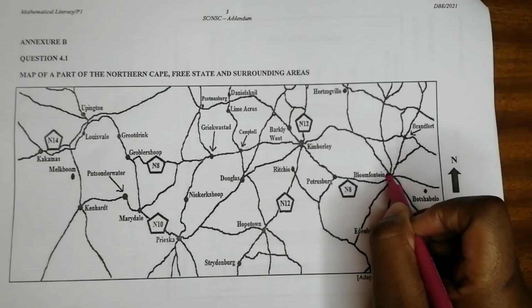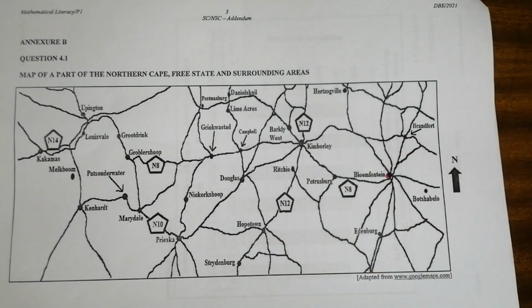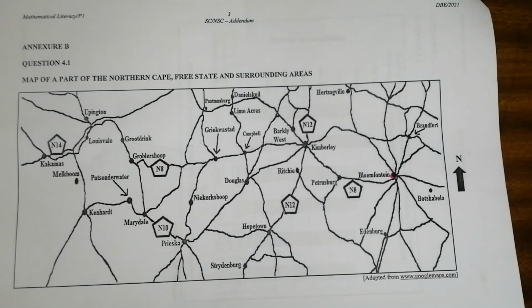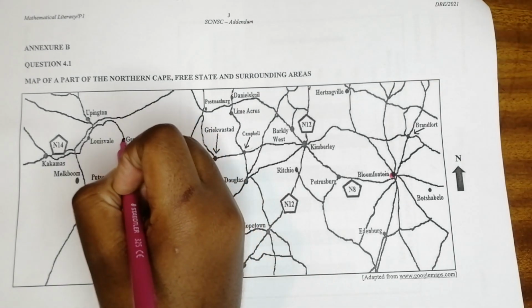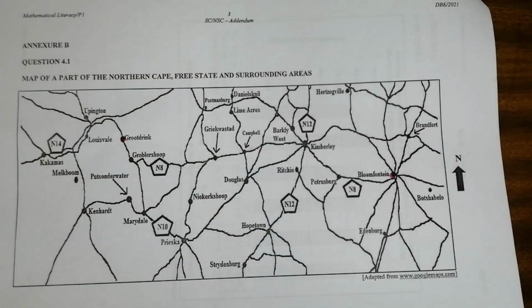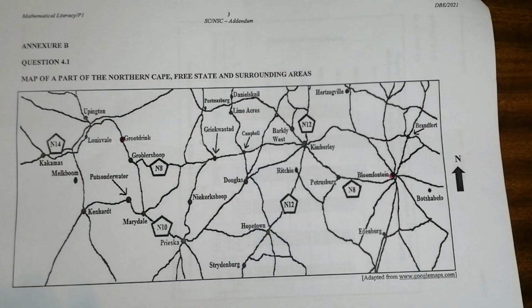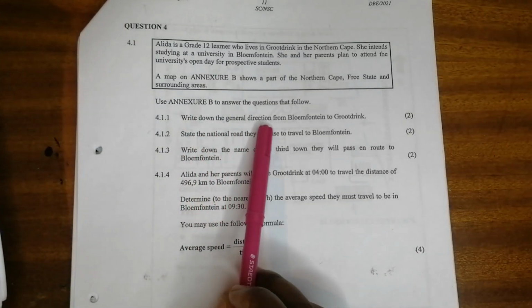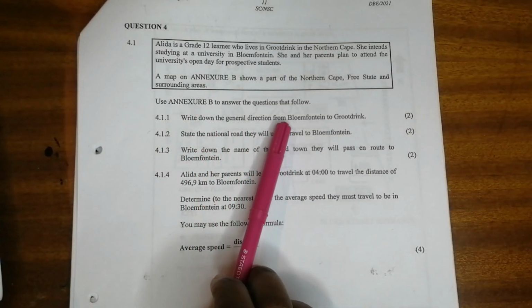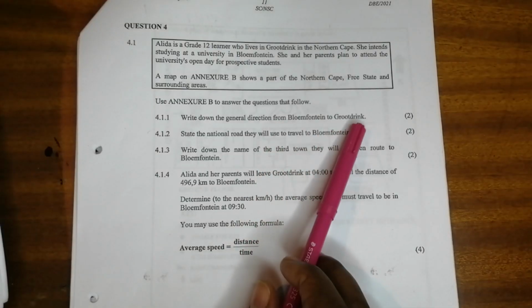There is Bloemfontein there. And we also find where Grootdrink is situated on our map. And there is Grootdrink. We now have to write down the general direction from Bloemfontein to Grootdrink.